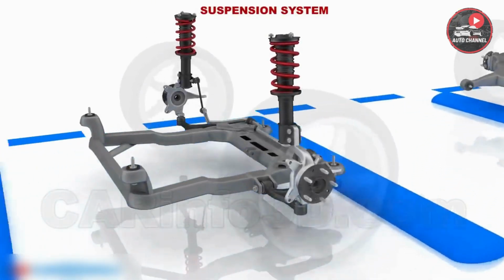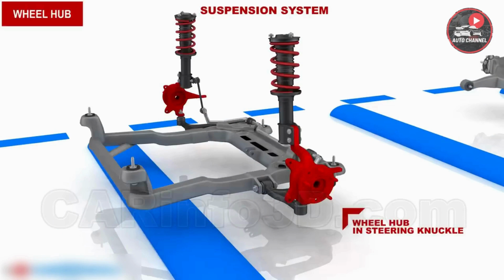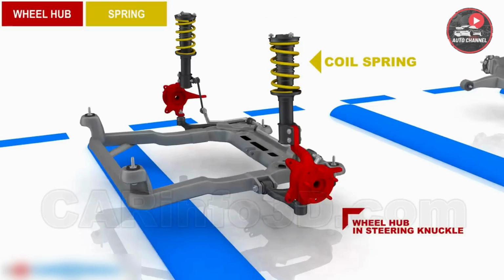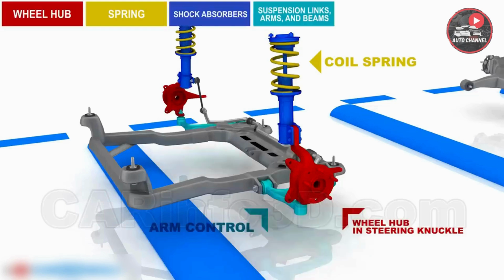The suspension includes the wheel hub. This is a wheel hub mounted on a steering knuckle. The spring, a coil spring in our case. Shock absorbers. Suspension links, arms, and beams. This type of suspension has an arm control and a shock absorber that performs an additional function of the suspension arm.